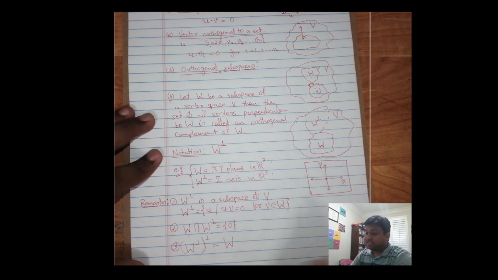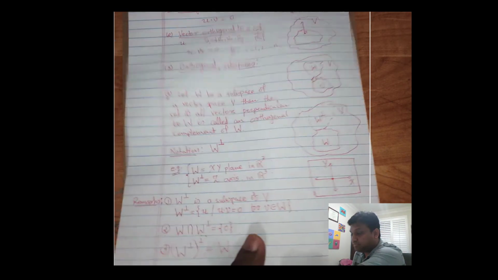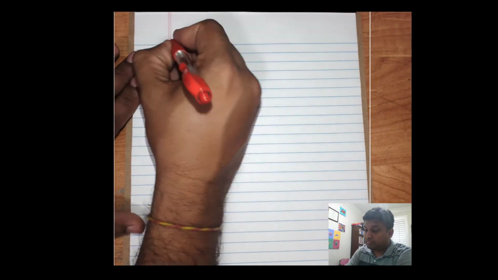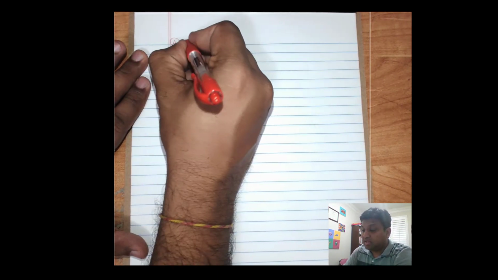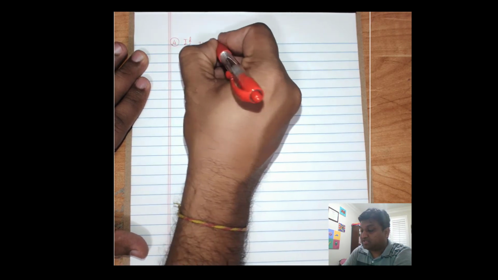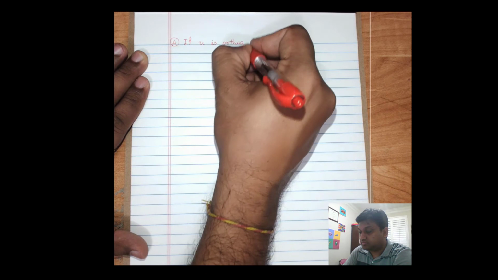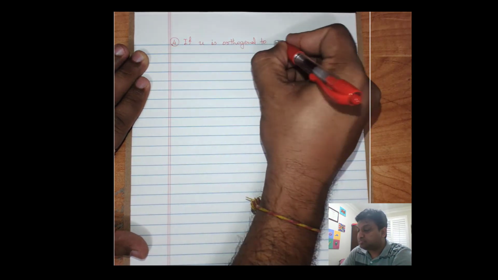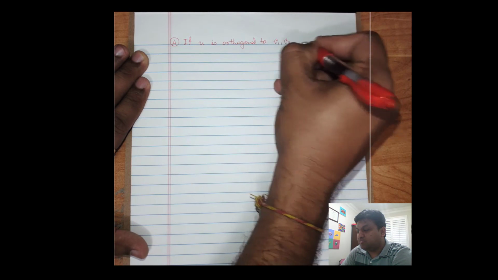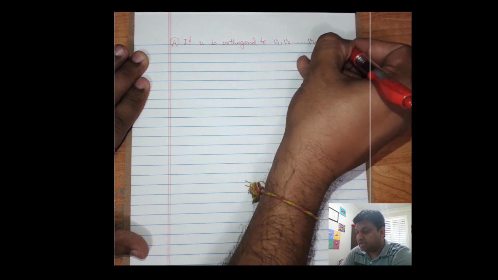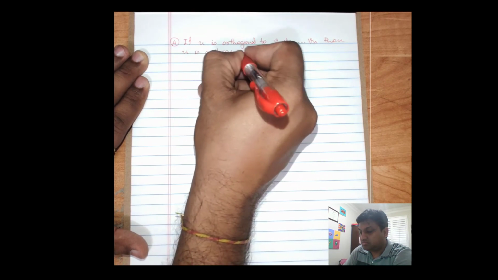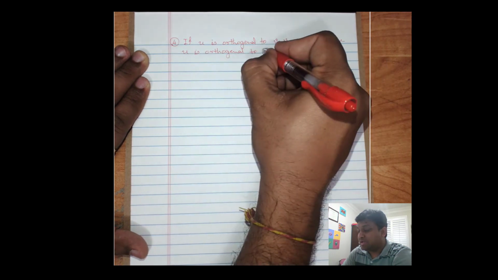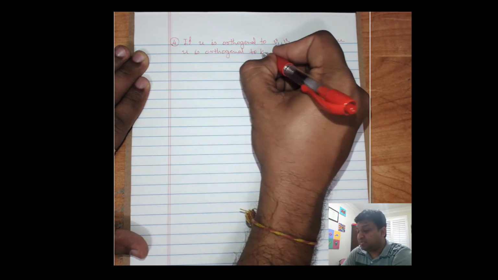Remark number 4 is slightly more interesting. So let's write down remark number 4. It goes like this: if U is orthogonal to vectors v1, v2, vn, then U is orthogonal to any linear combination of v1, v2, vn.